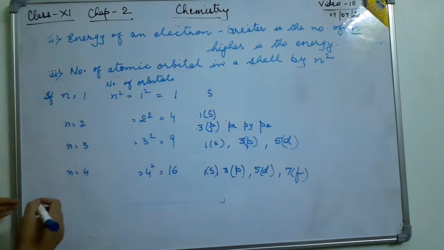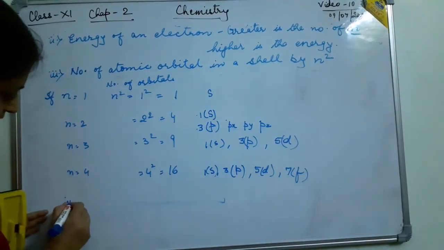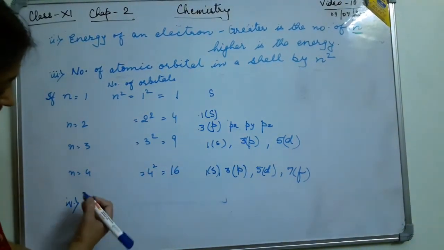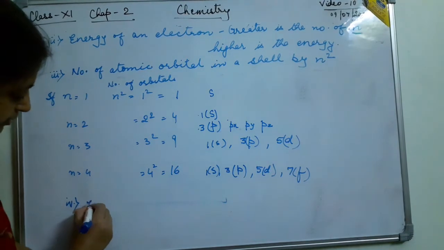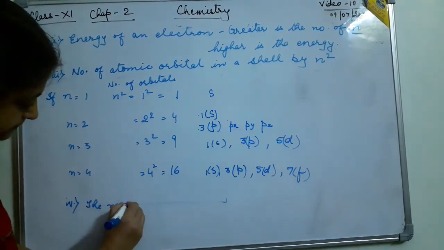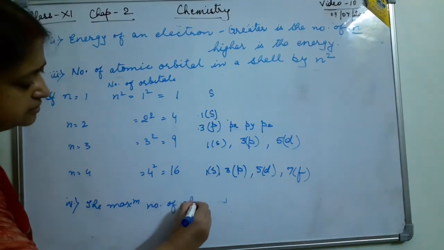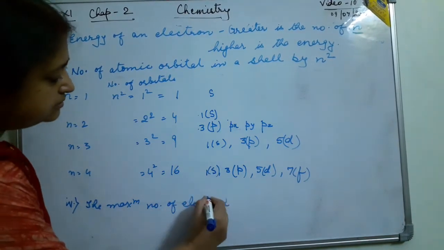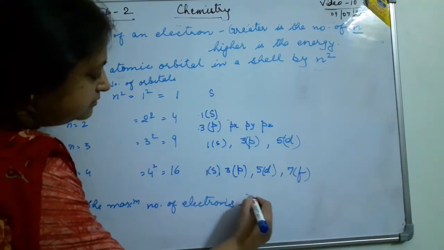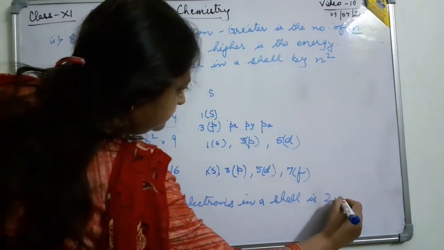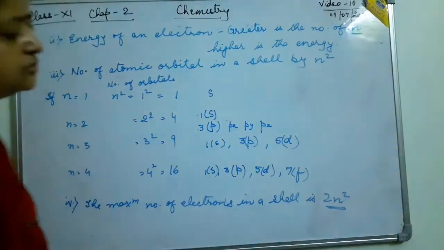And the fourth piece of information we can get from the principal quantum number is the maximum number of electrons in a shell, which is 2n square. You know that very well.